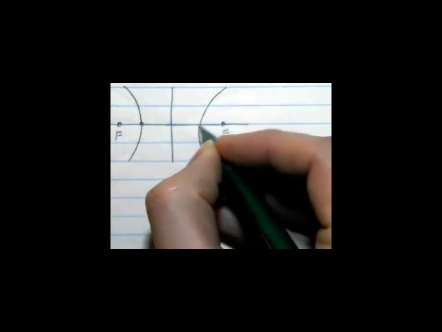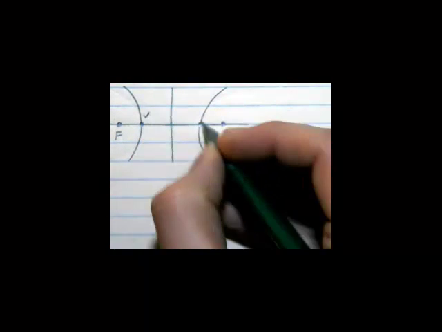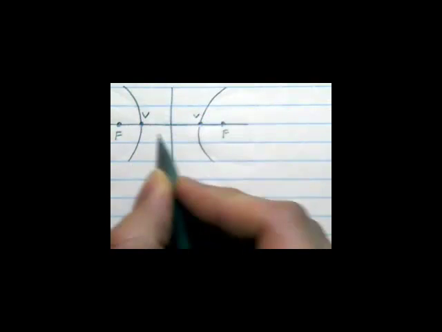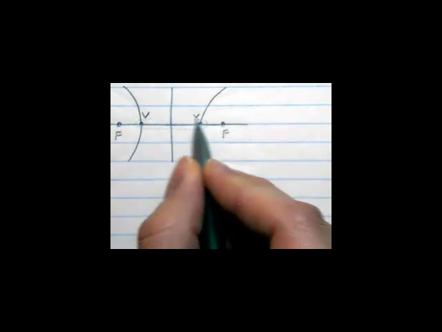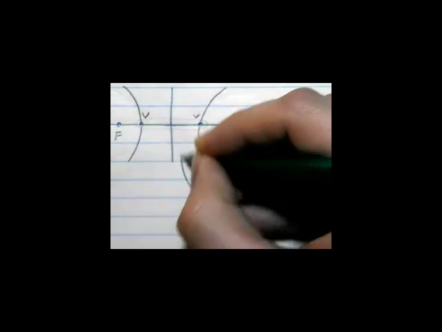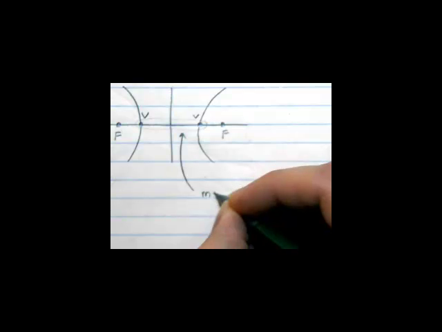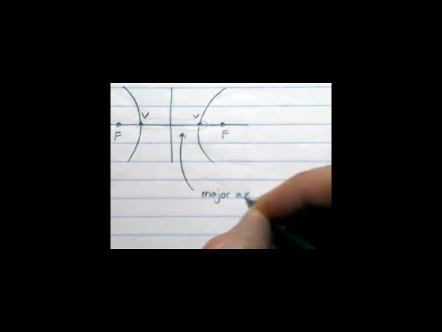All right, so zoom this in a little bit so we can see it better. So the major axis, which normally would be this right here with a hyperbola, that's called the major axis.